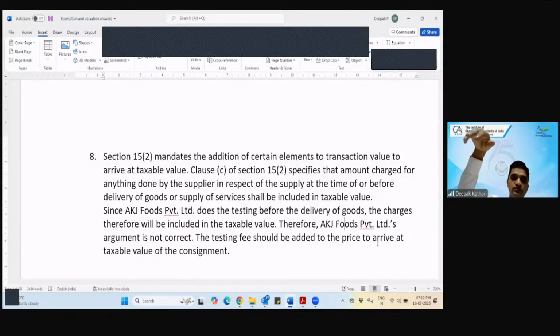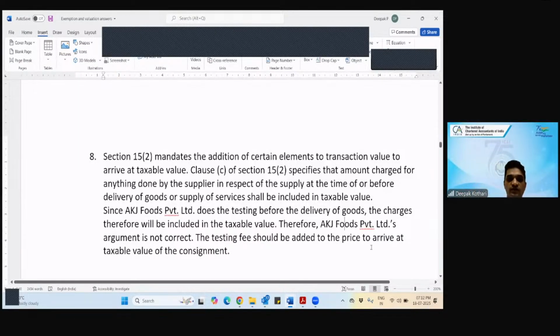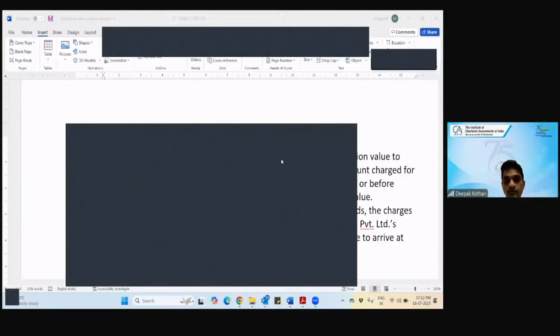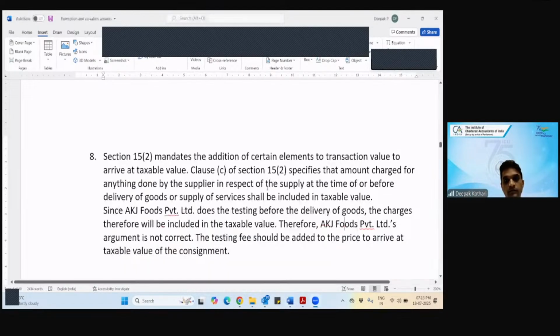The testing fees should be added to the price to arrive at the taxable value of the consignment. It is incidental expenses that have to be added, right? Correct.